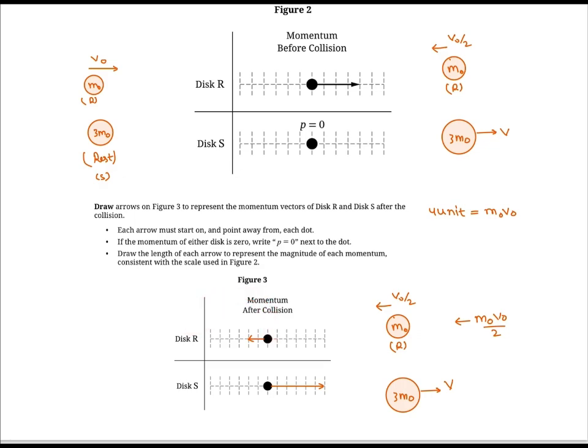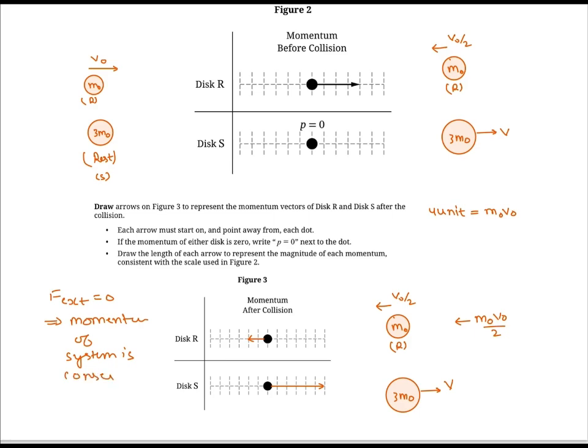In order to find the momentum of disk S, I have used the principle of conservation of momentum, and you have to mention it because there is no external force. In the absence of external force, the momentum of the system is conserved.